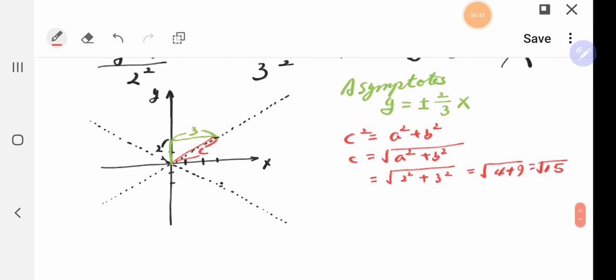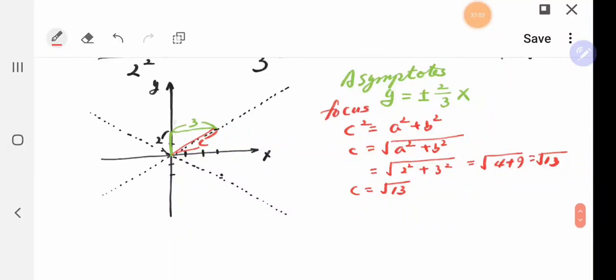Sorry, 13, right? Why 15? Okay, so C is square root of 13. This is the focus. So let's say this is square root of 13, then this will be negative square root of 13.